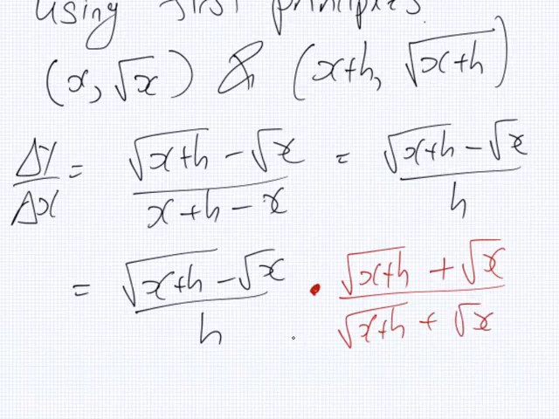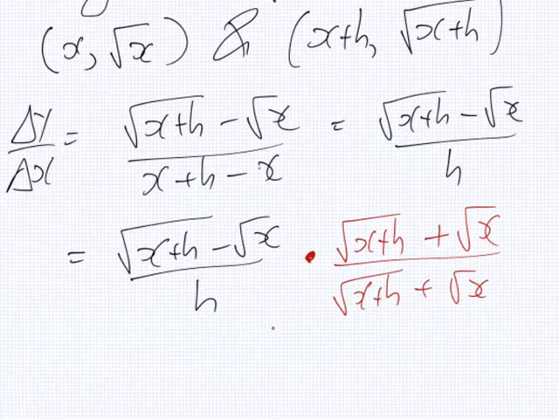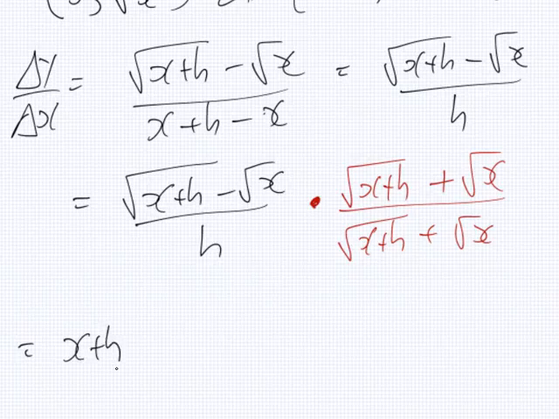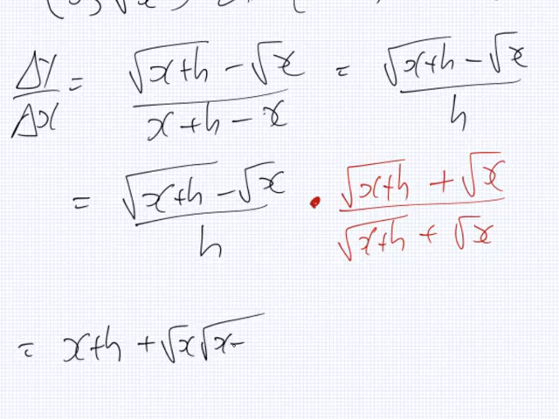Like the conjugate, remember? So on the top, I'll get root x plus h by root x plus h, which is x plus h. Root x plus h by root x, so that's plus root x by root x plus h. Minus root x by this, so that's minus root x by root x plus h. And then finally, minus root x by plus root x is minus x.